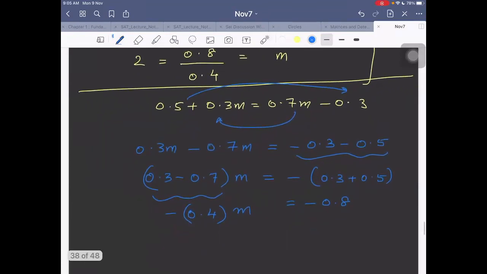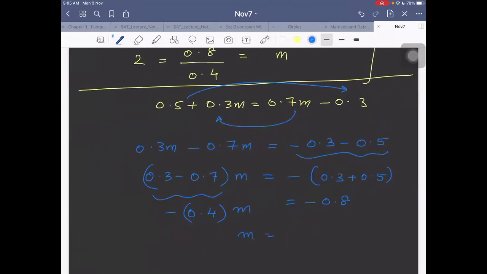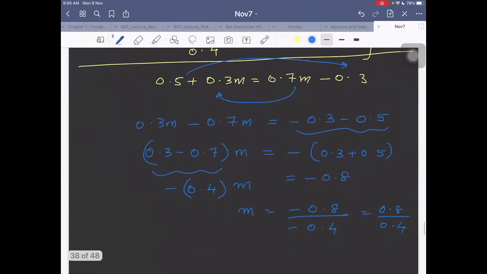And you just have to take minus 0.4 to the other side. So minus 0.8 divided by minus 0.4. Again, the negatives cancel. You're left with 0.8 divided by 0.4, which is again 2.